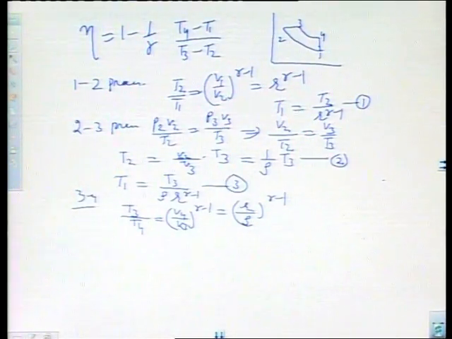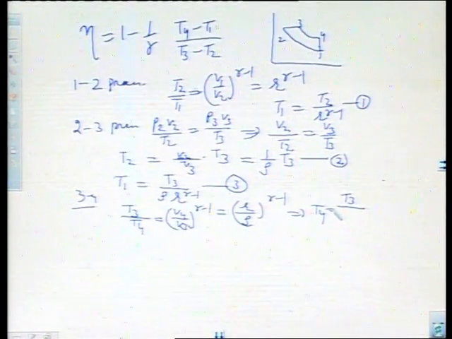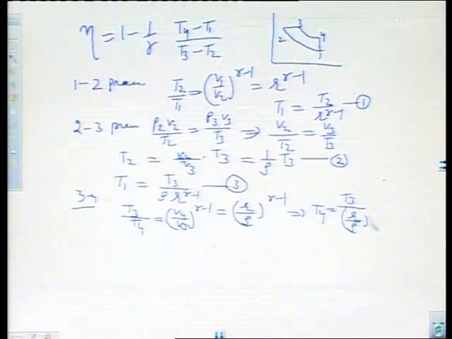So, T4 here is T3 divided by (R divided by rho) to the power gamma minus 1, which is T3 times (rho divided by R) to the power gamma minus 1.